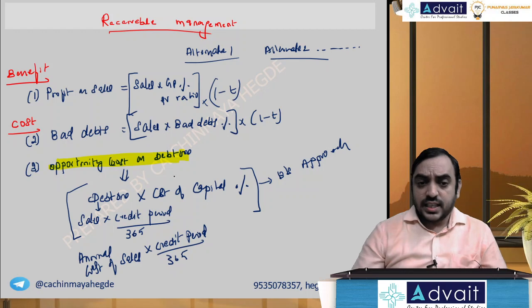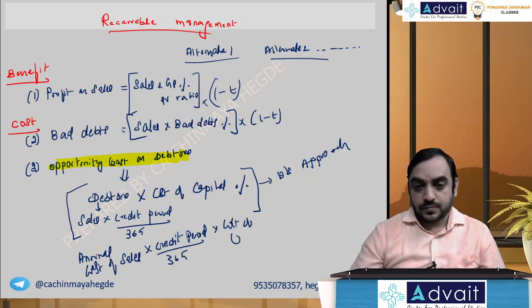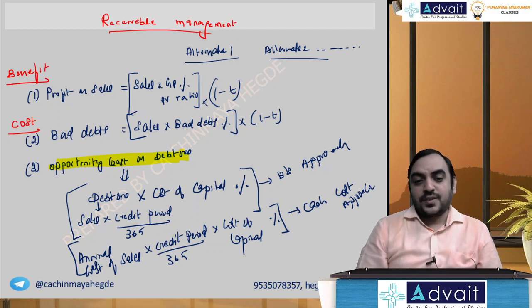And then just like the previous one, you multiply it by cost of capital percentage. This is what I'm going to follow for the cash cost approach.